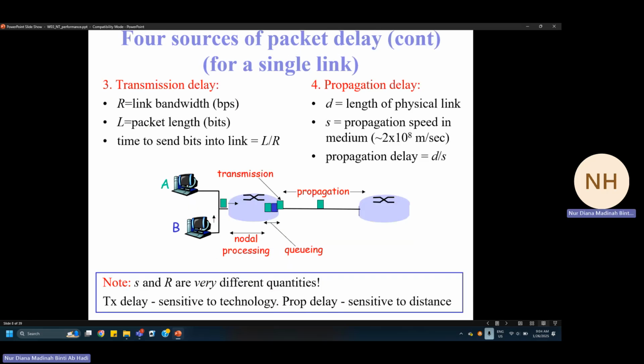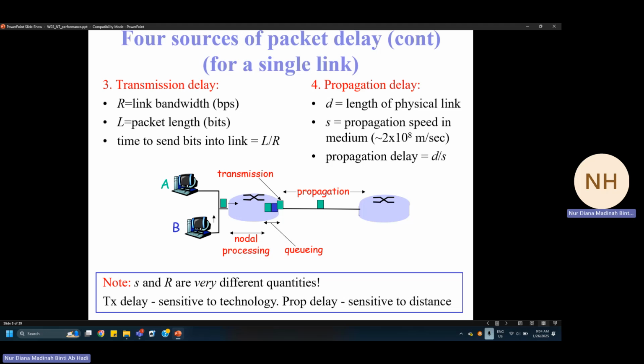The third one is the transmission delay, where you check the link bandwidth in bits per second and the packet length in bits. It is the time to send the bits into the link, so you need to check what the time is.